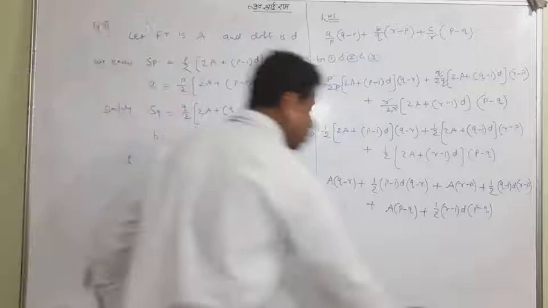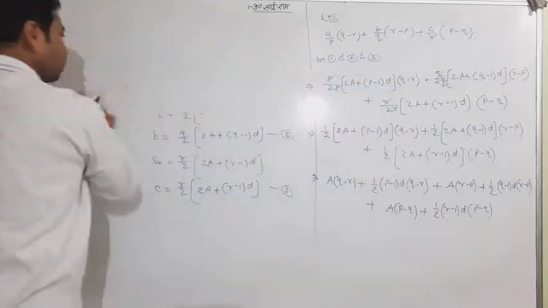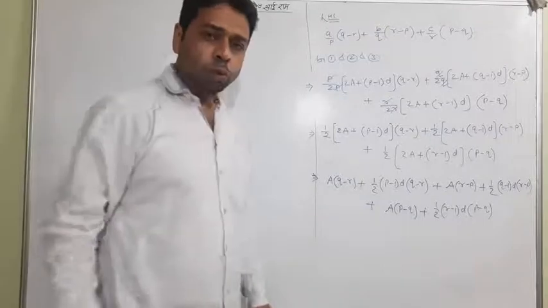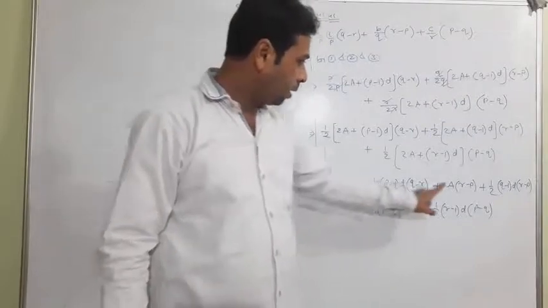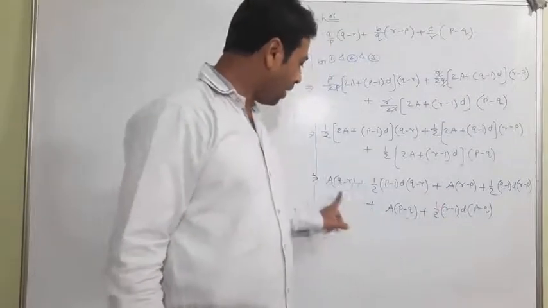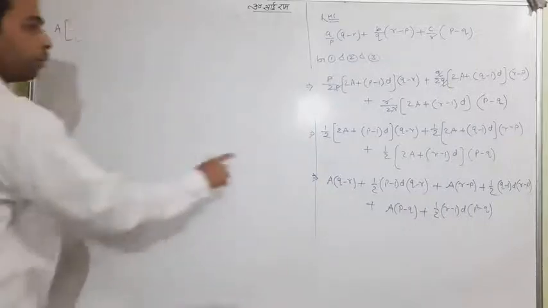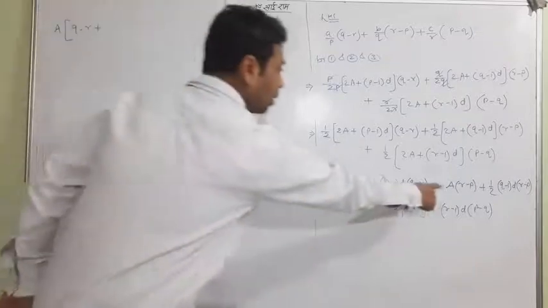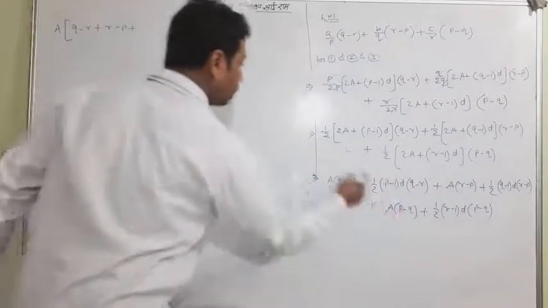Now I'll rub this section out because I already taught you this one. I'm going to do a very simple thing. Can you catch these terms? All have A, so I want to take A common. What remains: q minus r plus r minus p plus p minus q.